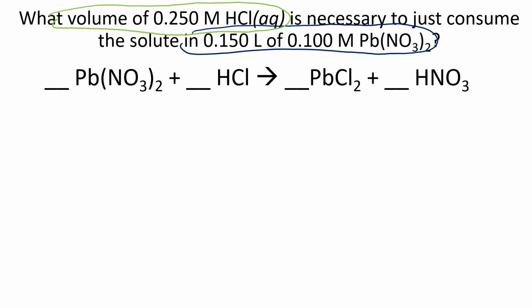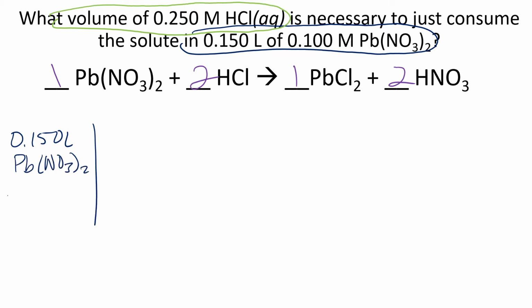So balance first. Let's see, I have 2 NO3s on the left, so I'll put 2 up here. I have 2 Cl's on the right, so I'll put 2 up here. I have 2 H's on both sides, and I'm good. Alrighty, so 0.150 liters Pb(NO3)2.